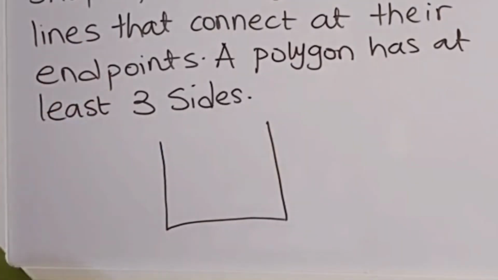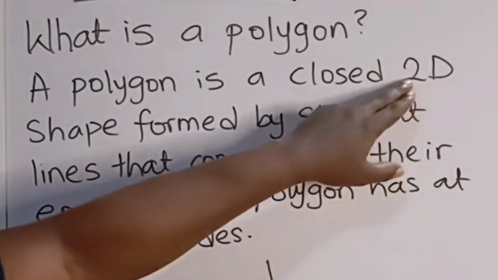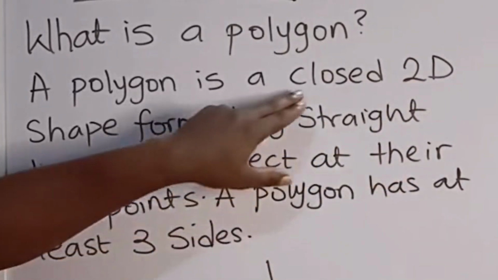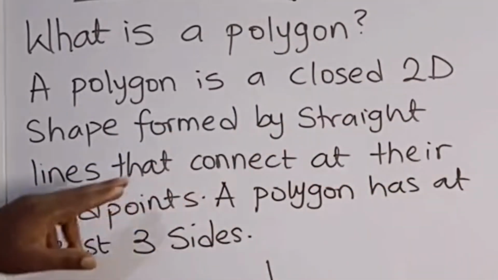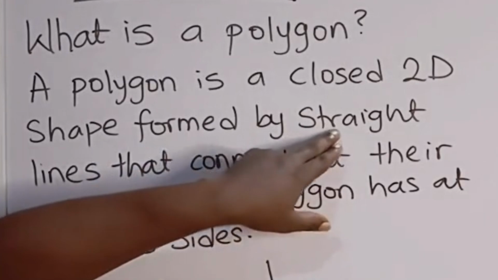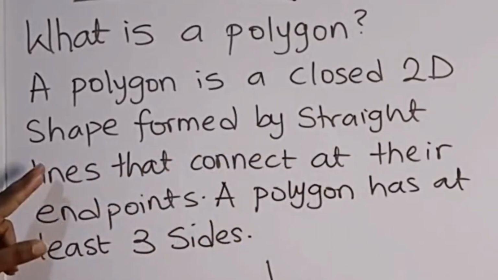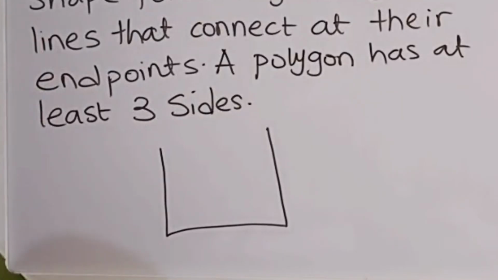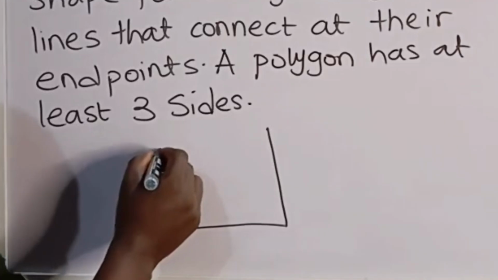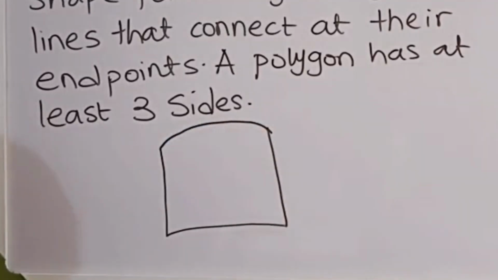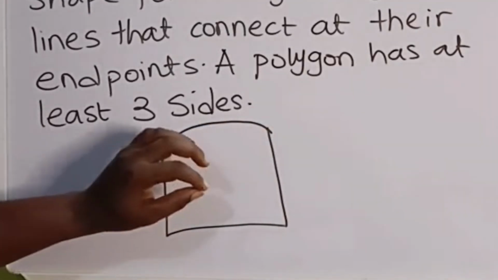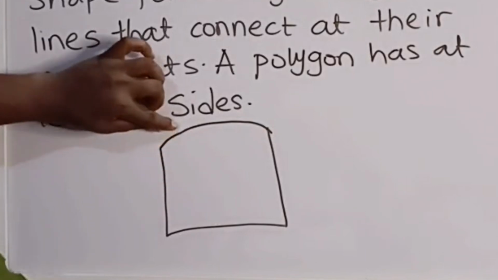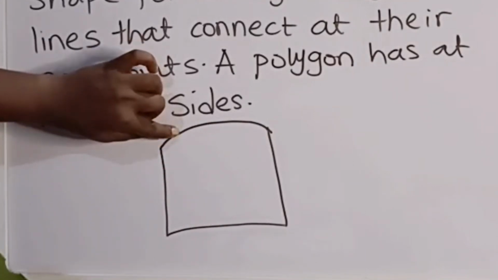So for a shape to be considered a polygon, first it must be a 2D shape and it must be closed. Also, it must be formed by straight lines, not curved lines. So if I have a shape like this, although this shape is now closed, this line is a curved line.